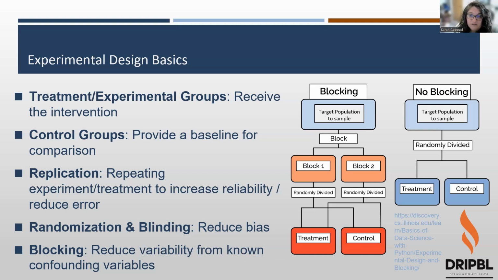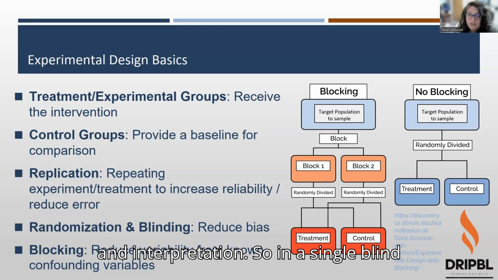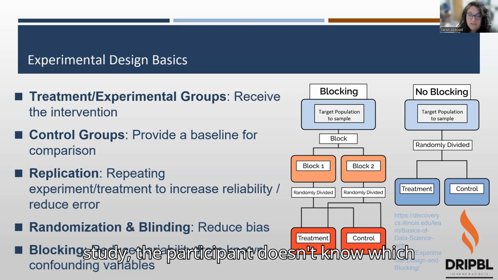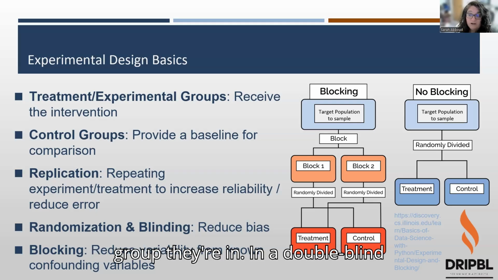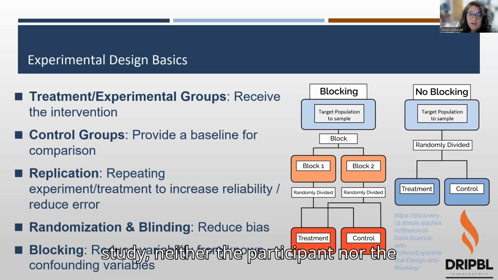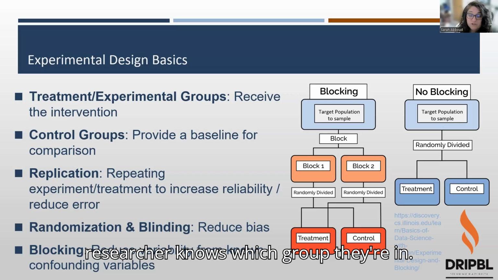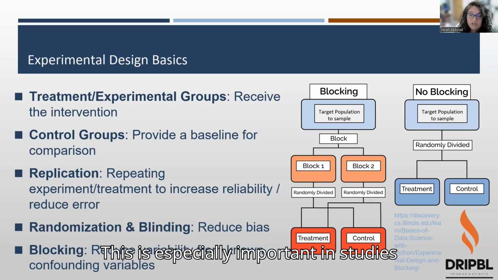Blinding, on the other hand, prevents bias during collection and interpretation. So in a single blind study, the participant doesn't know which group they're in. In a double-blind study, neither the participant nor the researcher knows which group they're in. This is especially important in studies where expectations could influence outcomes.